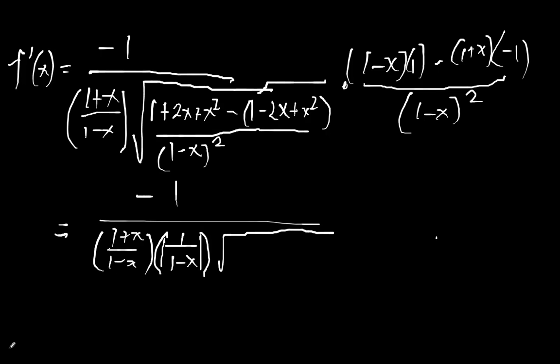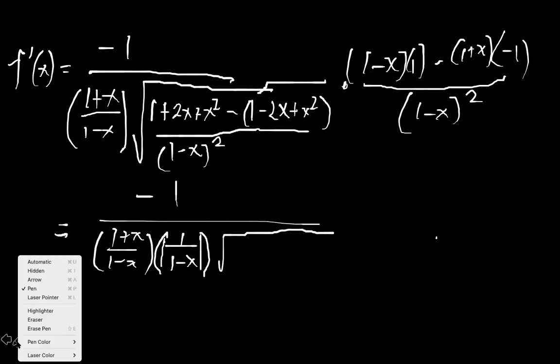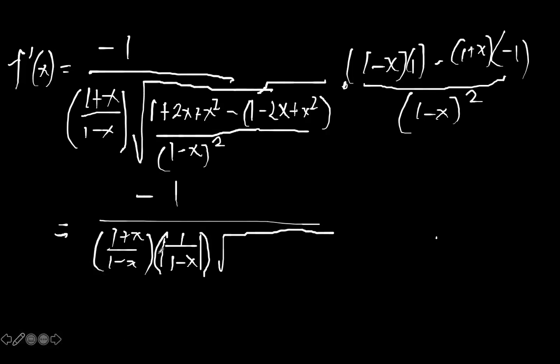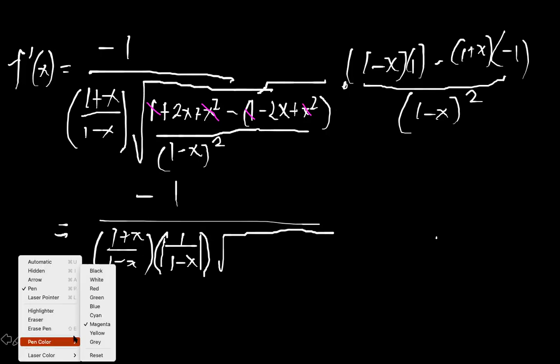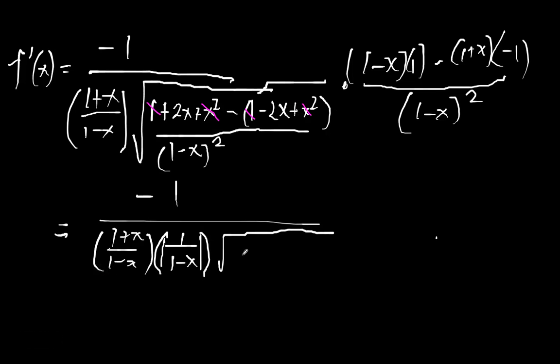Let's do the cancellation here, using another color. I can cancel 1: 1 minus 1 is 0, and positive x squared minus x squared is 0. What remains is 2x plus 2x, that's 4x. This is 4x.